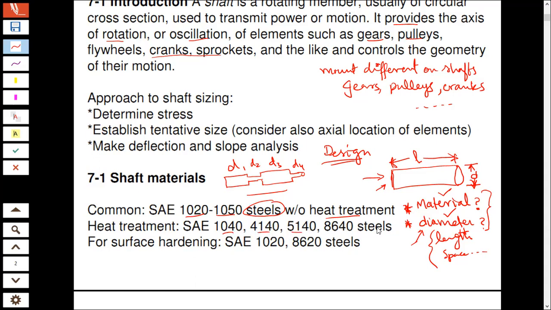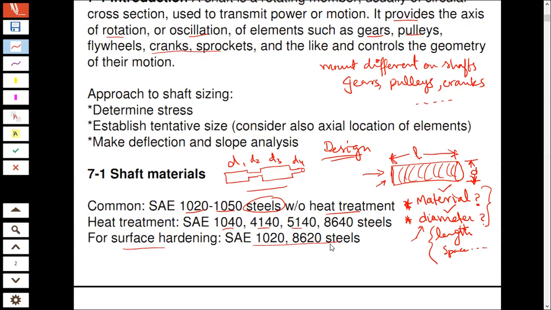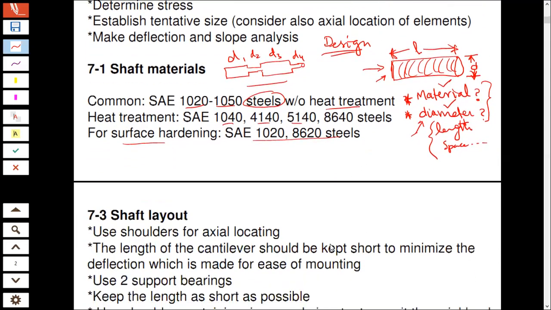So these standards of steels are used as shaft materials. Sometimes it is required that we harden the surface of the shaft. Not all the time, but if you need to harden the surface, you can do that and use SAE 1020, 8620, and so on.